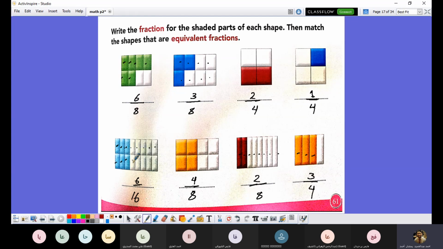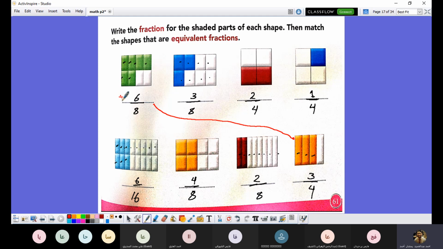And now the second part of the question, match the shapes that are equivalent fractions. In the first shape, we have 6/8. And when we search for the equivalent fraction here, we will know that 6/8 equals 3/4.